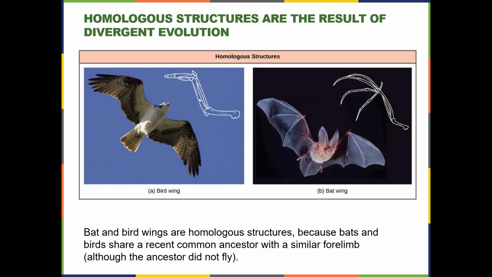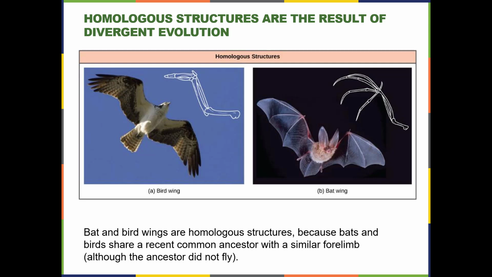Now the covering over the wing, so birds have feathers and bats have just skin that's stretched across, that's not homologous. But if we're just looking at the arm structure, the arm structure of all the tetrapods is homologous. And I think we saw that arm structure as a good example of comparative anatomy that's presented in chapter 18.